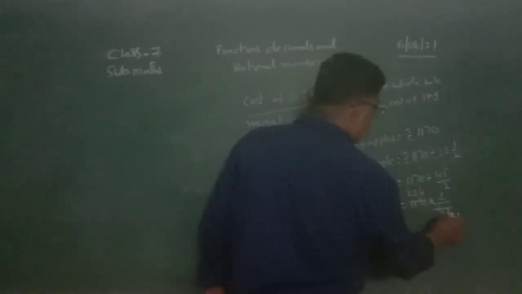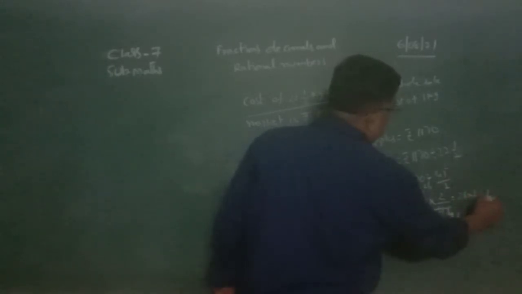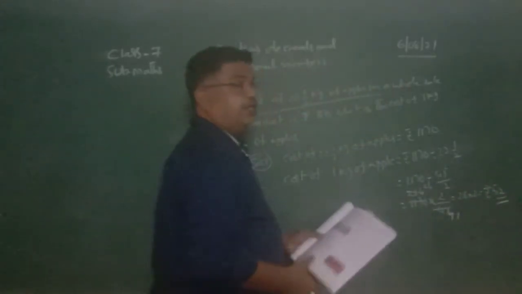Now 9 table, 9 ones 9, 9 twos 18, remainder 5, 54, 9 6s are 54. So 26 into 2. So the cost of 1 kg of apple in the wholesale market is 52 rupees.